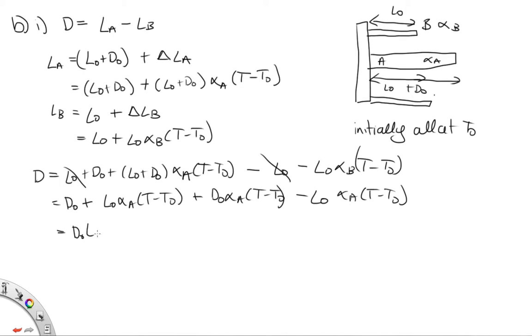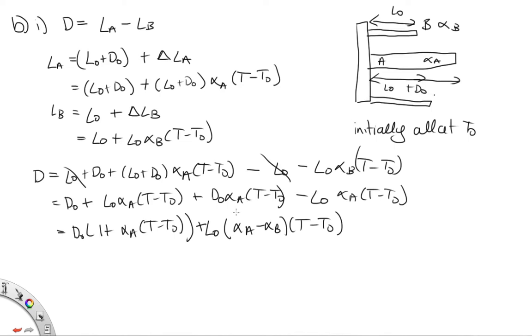So this is D naught (1 plus alpha A (T minus T naught)). And then we'll put these terms with the L naughts together. So this is L naught (alpha A minus alpha B)(T minus T naught). So that's probably the neatest way we can write our answer to this part.